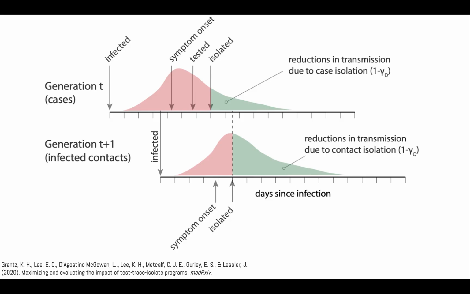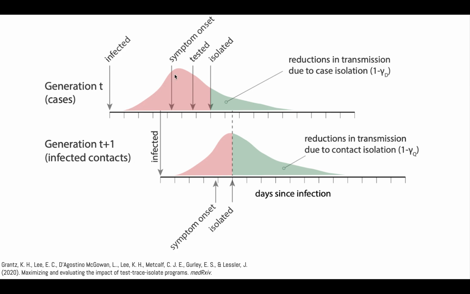And this picture gives a little bit of insight into why we would expect our detected effective reproductive number to be lower, and our quarantine effective reproductive number to be even lower. Here I've shown a distribution of transmission, and time 0 here is when we're at time t in this top picture, and we've got folks infected at time 0.